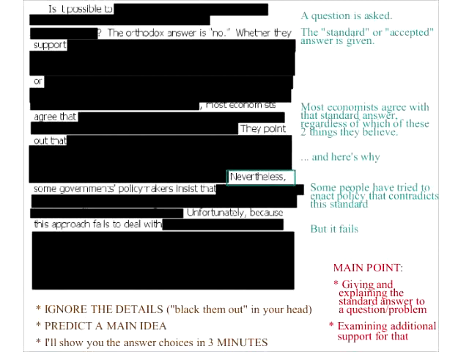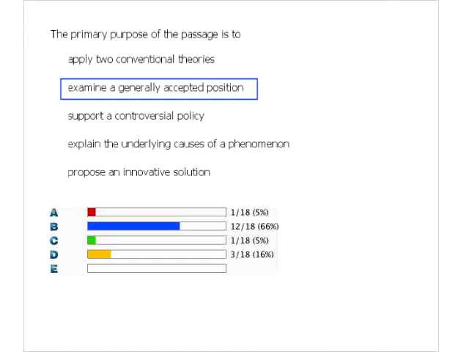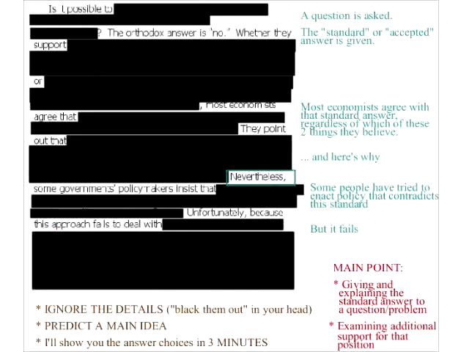All right, it's pretty clear what's going on here. We've got a position, and we're basically supporting and examining the position. So that is what that says in almost exact words. Apply to conventional theories, one person put, doesn't happen. The two conventional theories are the ones that are blacked out here and here, but they don't apply them.